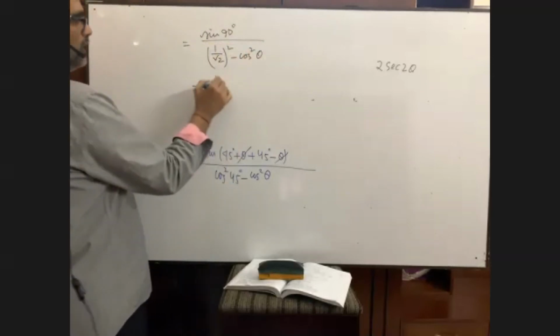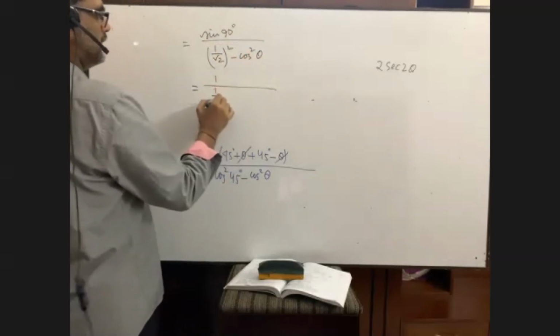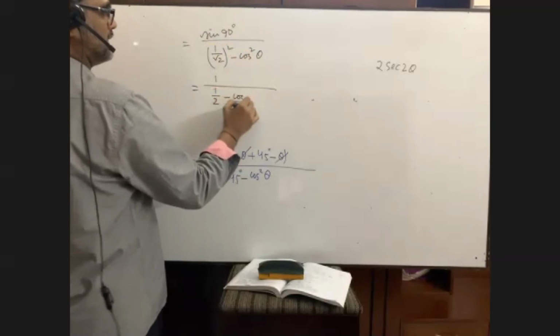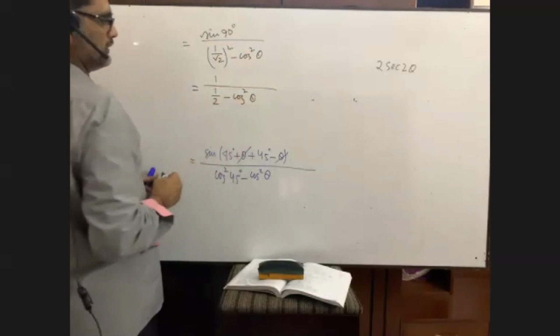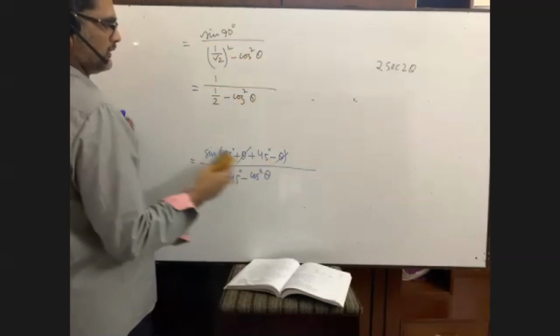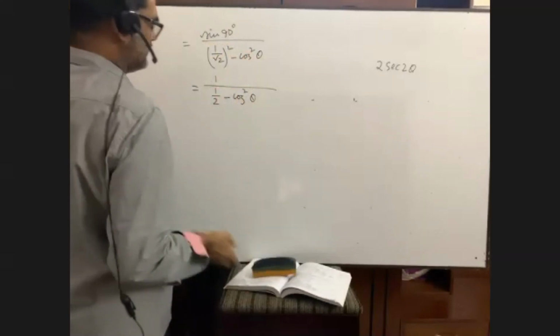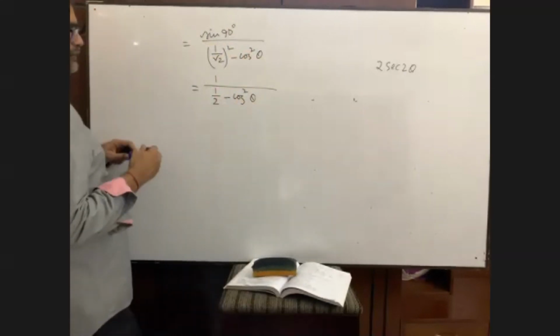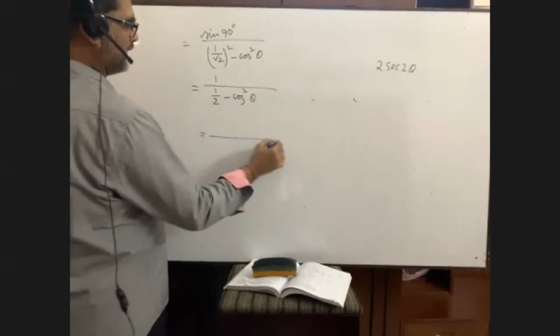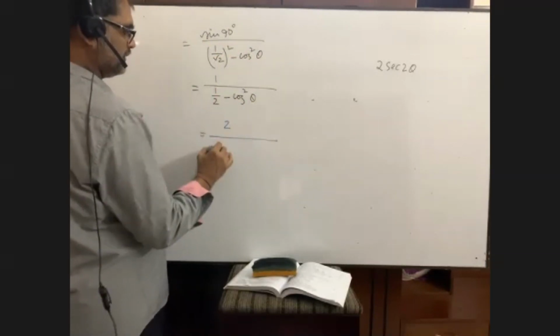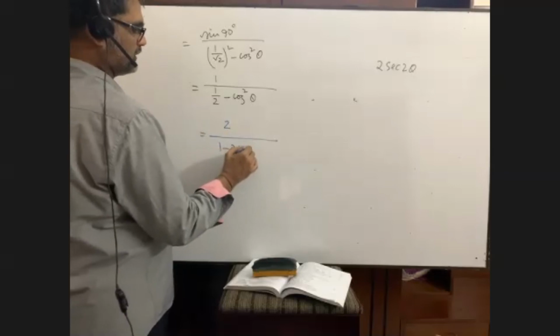That means half minus cos square theta. Now, if we multiply by 2, this is 2, this is 1 minus 2 cos square theta.